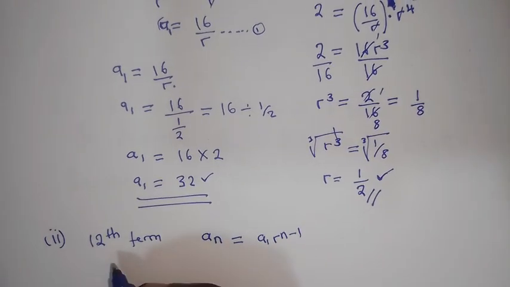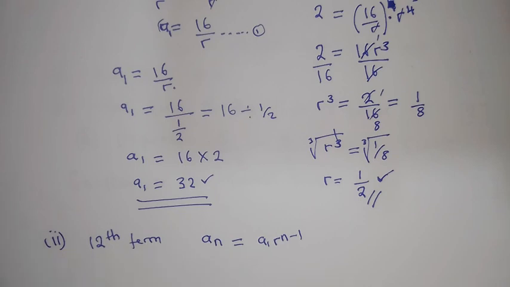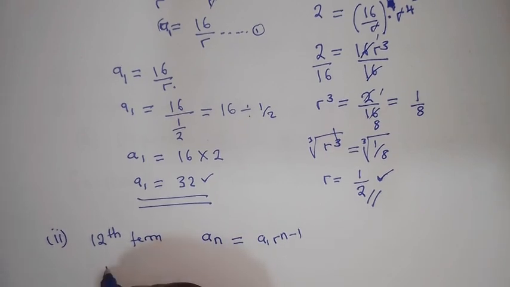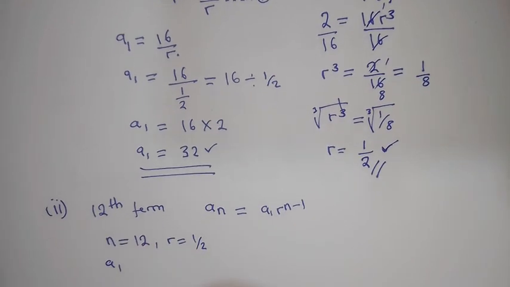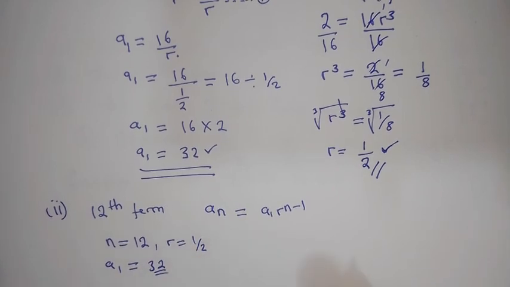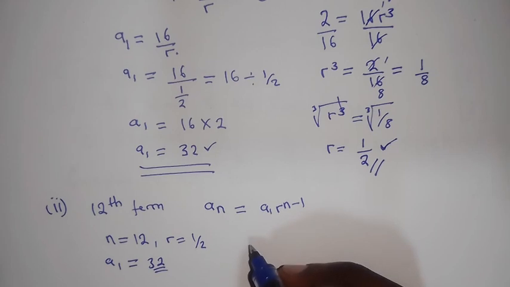In this case, your n is going to be 12, your r is half, and your a1 is just 32. So now we are going to substitute that.